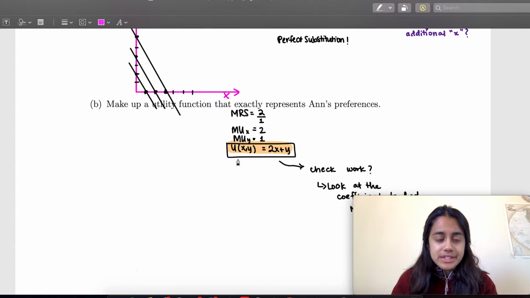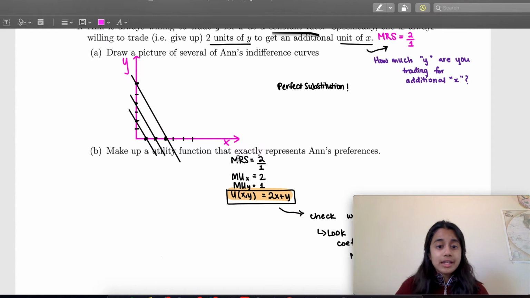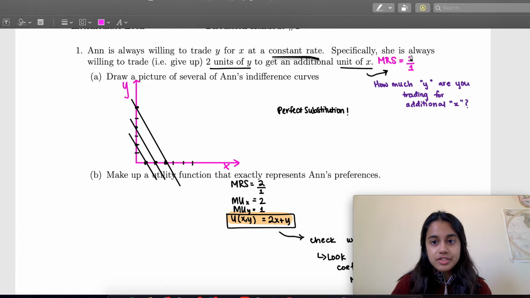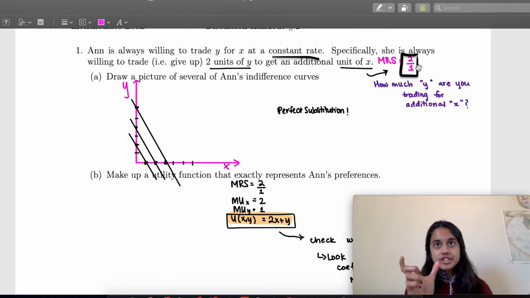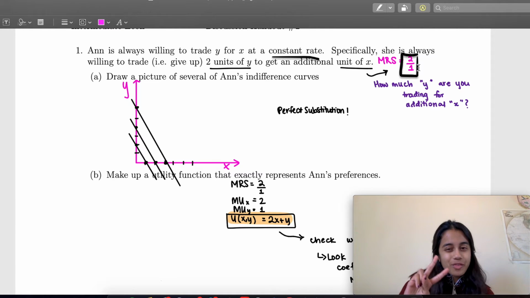Here it says make up a utility function that exactly represents Anne's preferences. Here, what I see is, okay, I know that here's my 2 and here's my 1. I know this is basically backwards. First, we had our utility function, and we could just pinpoint our coefficients and make that our MRS. But here, we're going backwards.